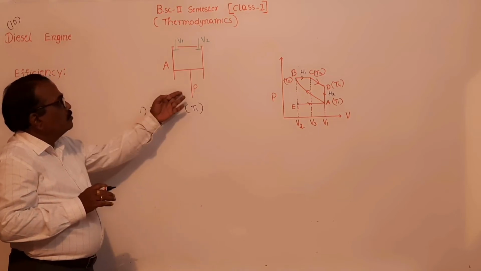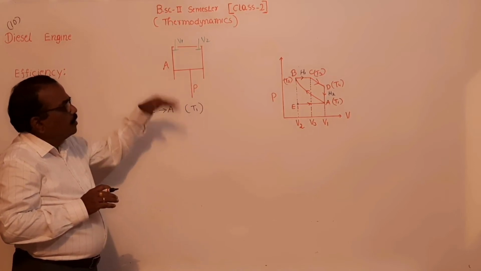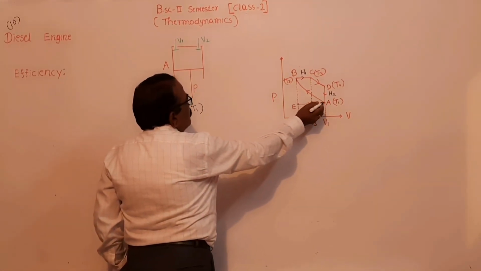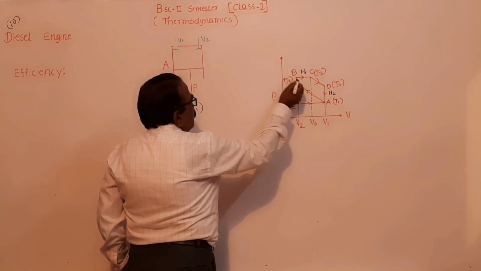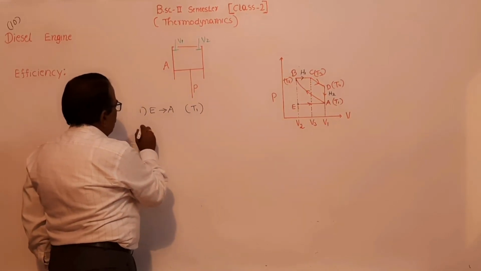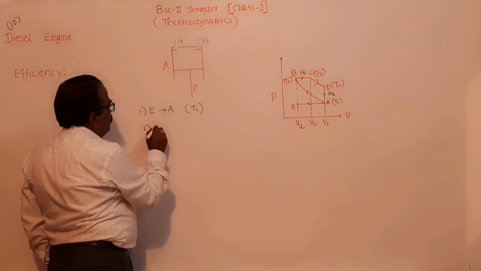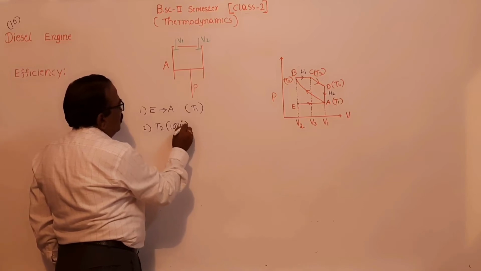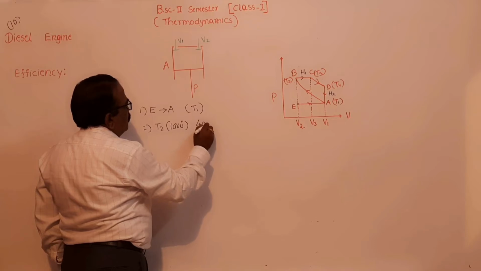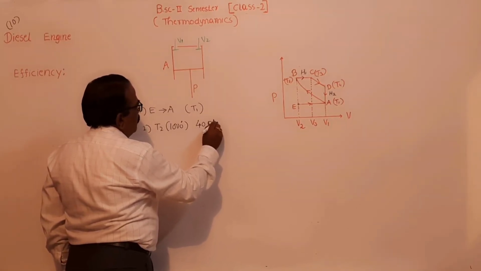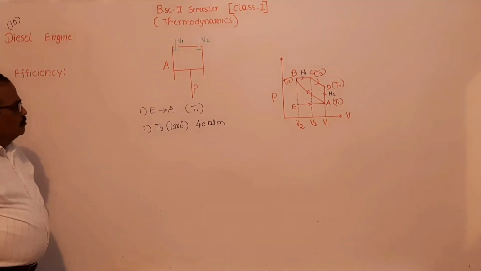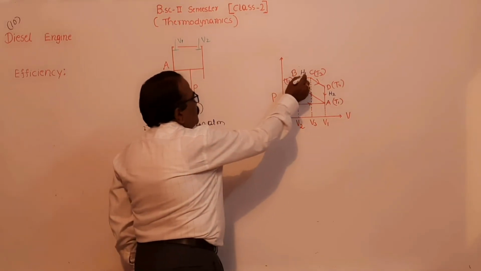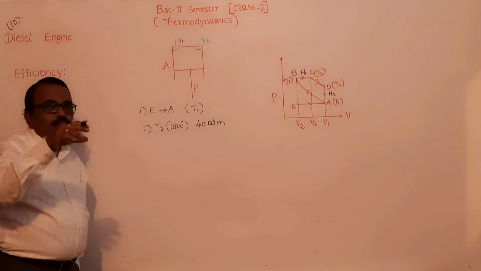The piston is moved backward in the upward direction and the air is compressed adiabatically from A to B, the temperature reaching T2, which is about 1000 degrees, and pressure about 40 atmospheres. Now B to C is the stage where the oil is sprayed.